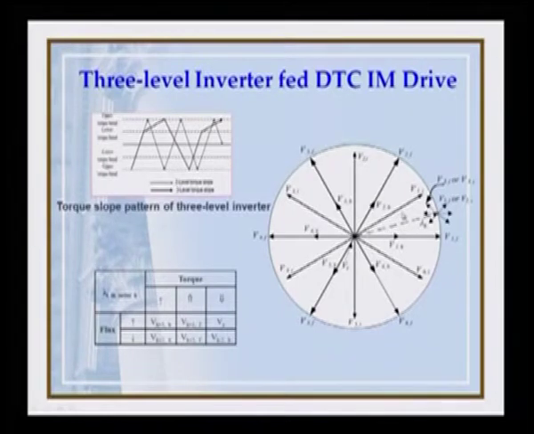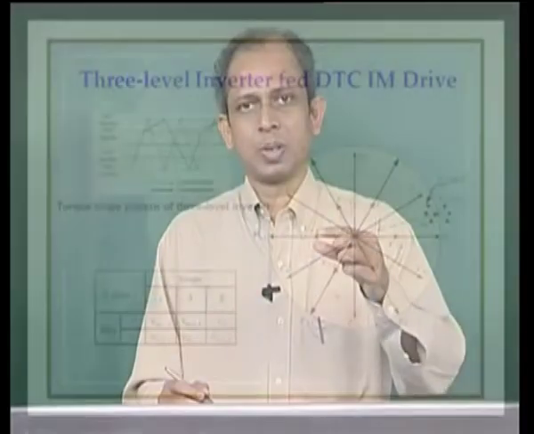This is sector 1, then we have sector 2 here, sector 3 between 2i and 3i, and then sector 4 between 3i and 4i, sector 5 between 4i and 5i, and sector 6 between 5i and 6i. So we have basically 6 sectors here, and since we have a 3-level inverter, the torque band is divided into 4 zones.